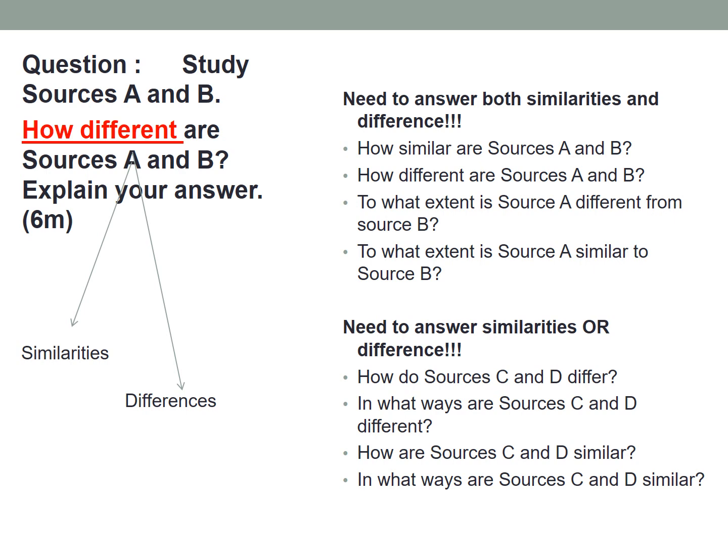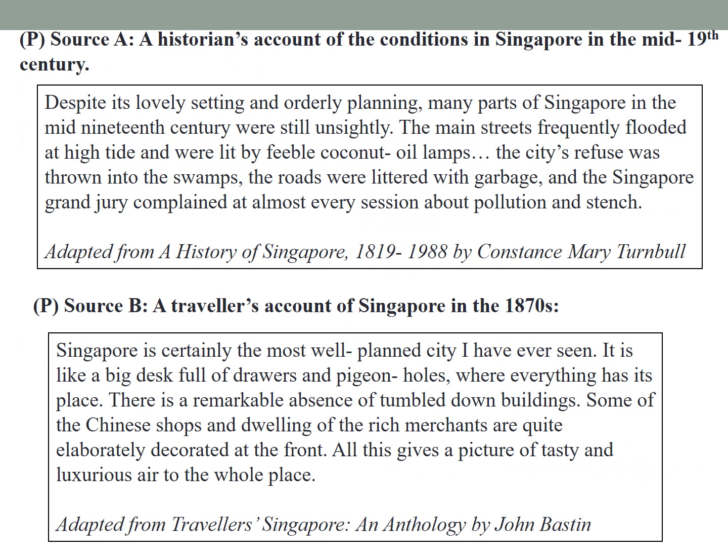So we need to know what the question requires, so we can identify how different are sources A and B. This type of question requires one paragraph for difference and one paragraph for similarities.